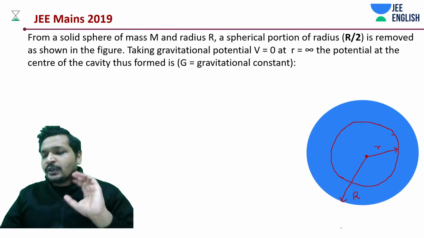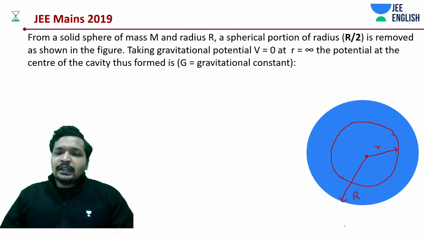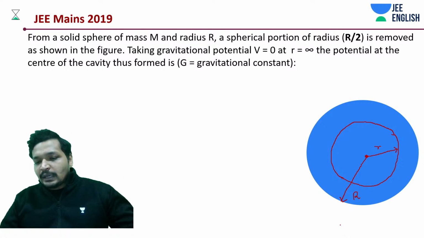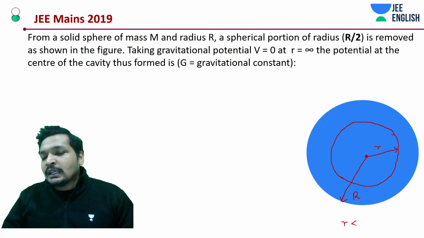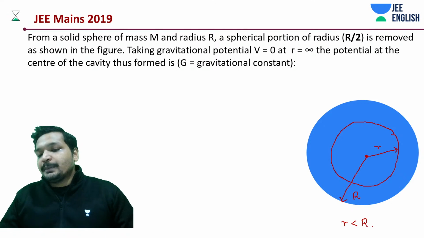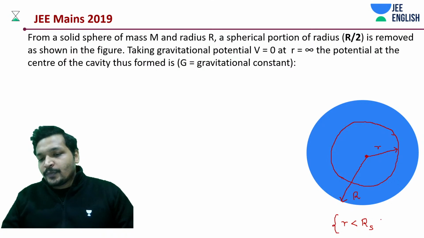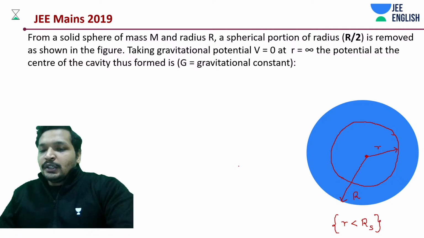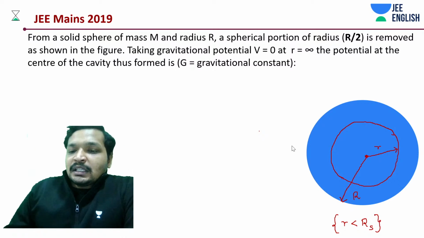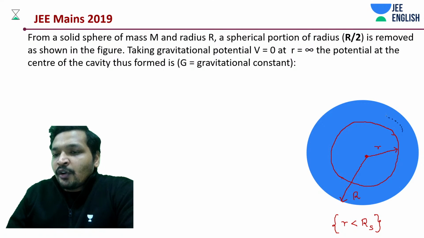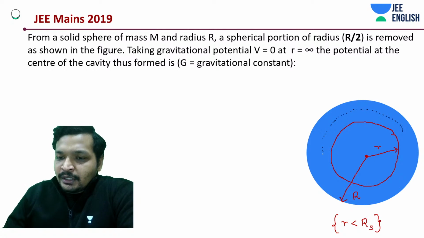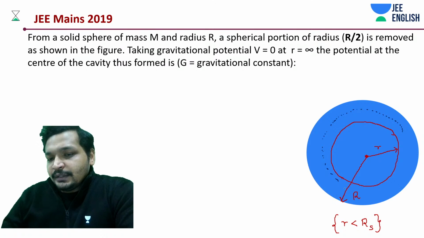I assure you that you will get the concept. It's going to be a really interesting concept. Even if you do not know what has been done before, you can still understand this from this explanation. So here r is less than the radius of the sphere. What we generally do in such a situation is take a small portion of the sphere outside and calculate for that, and calculate for the inner side.